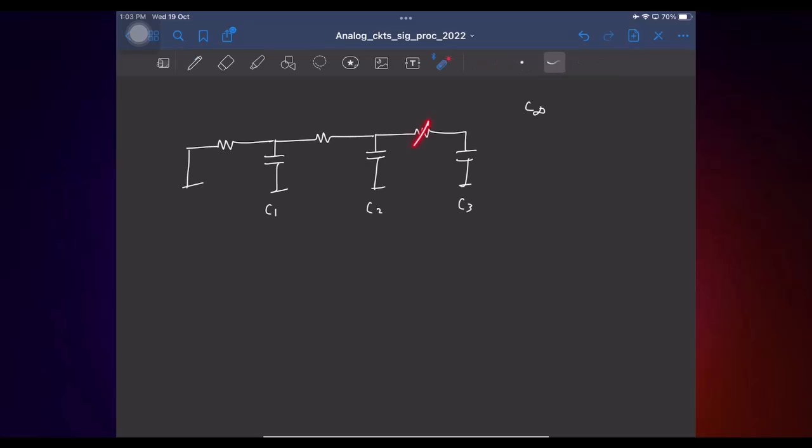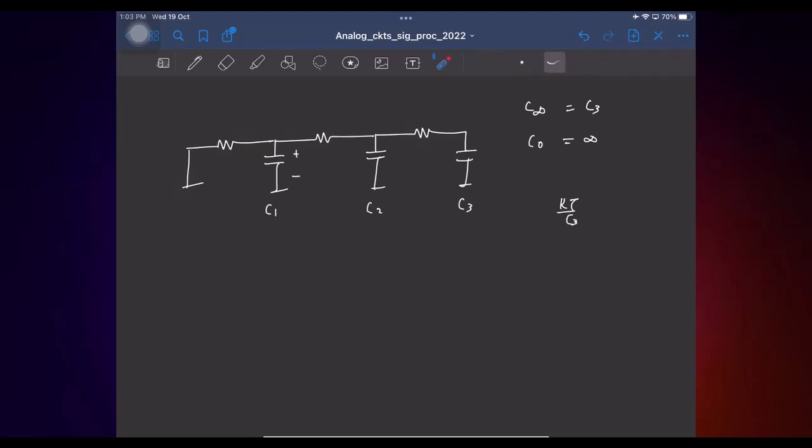I'll basically open everything. It's only C3. And what is C0? All the resistors are short. So you have a direct short circuit. Infinity. So what is the mean square noise if I look here? KT by C3. So let's say look at the mean square noise here instead.